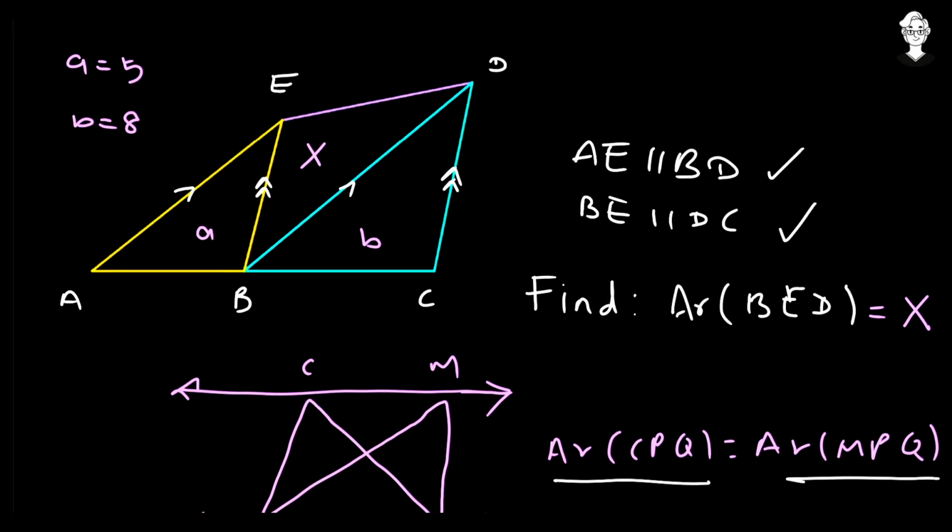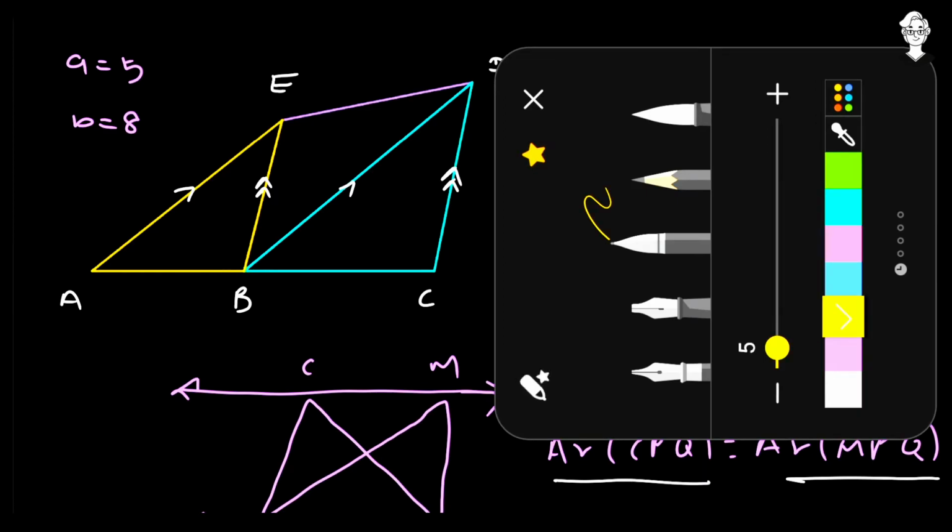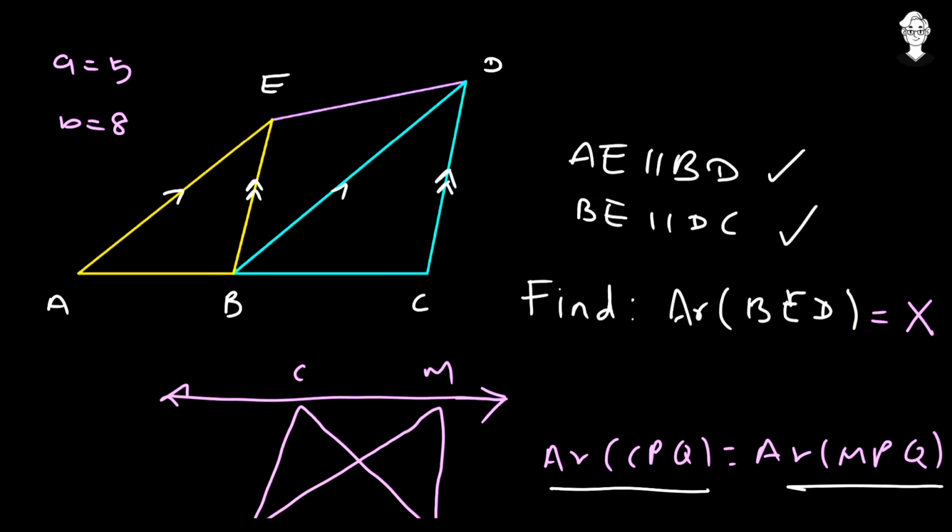So first of all, I am removing some things from the diagram, that is b, x and this, and concentrating on the things that are given. From point E, I draw a line segment to the point C. Note that BE is parallel to CD. These are the two triangles standing on it, the first one and this second one. So they are going to have the same area because of the theorem I just discussed.